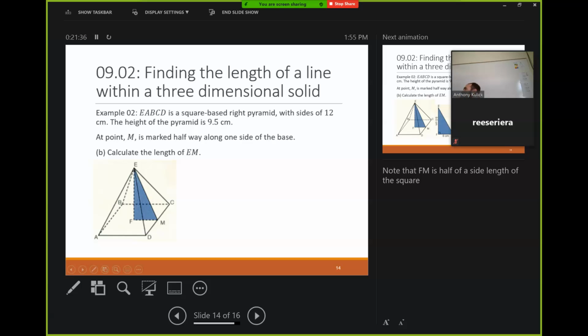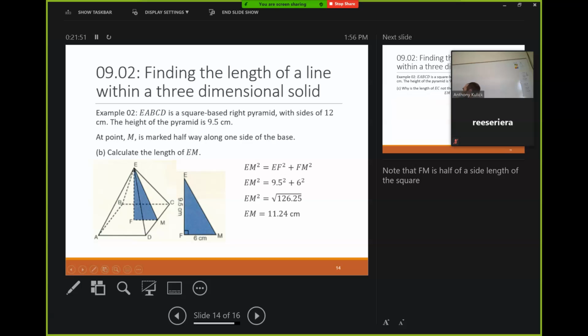It's easy to miss that if you're not good at thinking about things in 3 dimensions, because it certainly doesn't look like, from a perspective standpoint, half of a side length, right? And then we can just use the Pythagorean theorem on that. And we get 11.4.